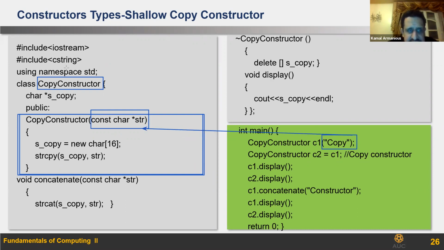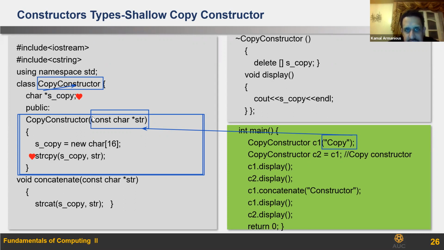Then this class has one private attribute called s_copy. خلاص? All that is being done by this constructor is assigning the value of this str, which is copy, to s_copy.